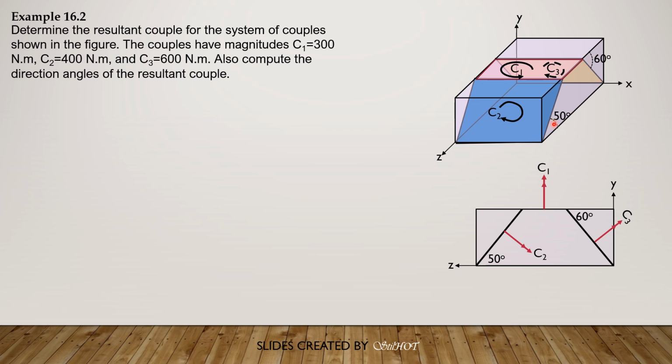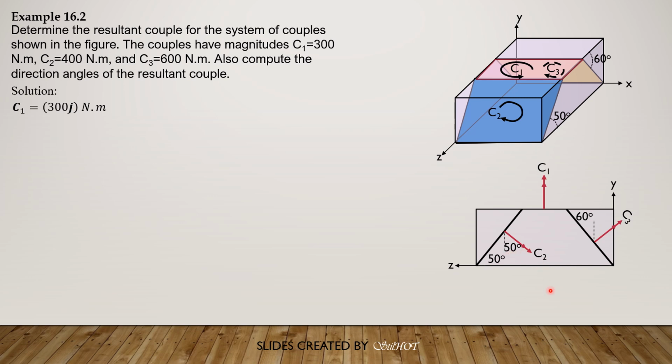These angles are given: 50 degrees, 60 degrees, 60 degrees. The angle that couple 2 makes with the vertical is also 50 degrees. So the y component is C sub 2 cosine 50, negative, downward. Then the z component is going right, opposite to the z axis, so it is also negative: the magnitude of couple 2 times sine of 50.